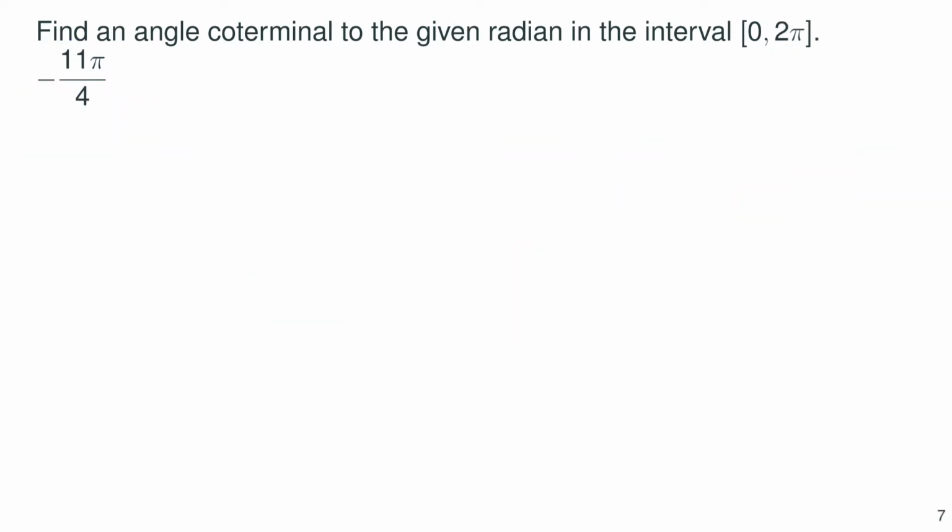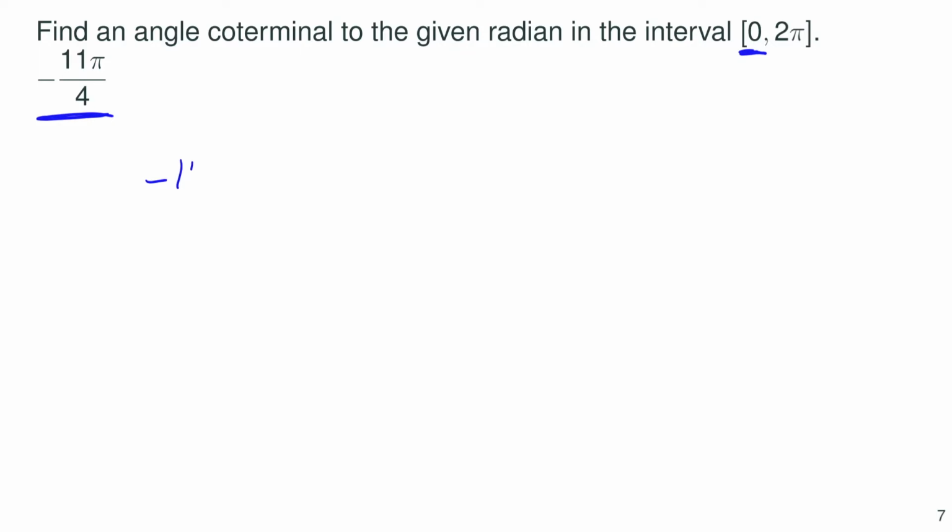Find the angle coterminal to the given radian in the interval 0 and 2 pi. Now here we are given negative 11 pi over 4. So it's a negative angle, which we know is smaller than 0. That means we have to add 2 pi until we get an angle between 0 and 2 pi, so we add a full rotation.